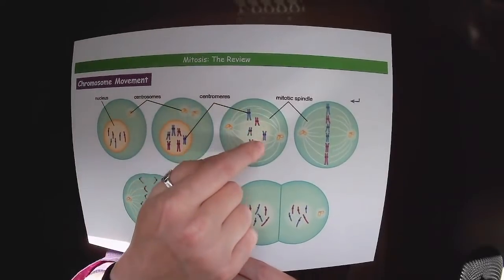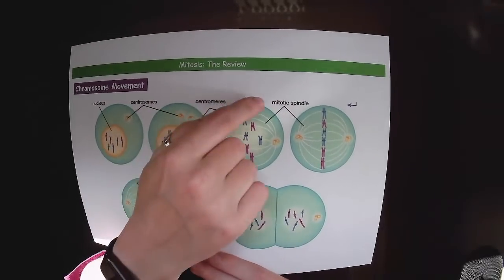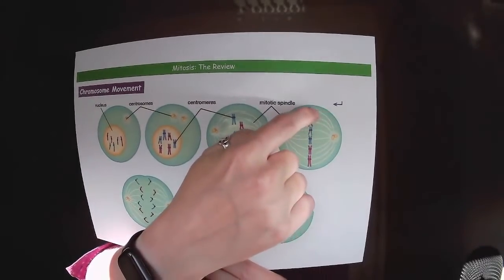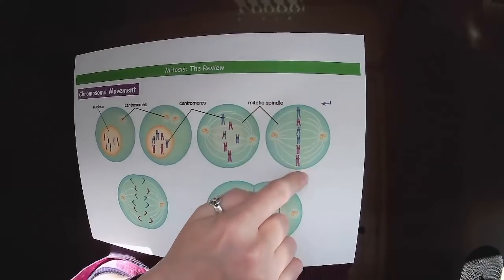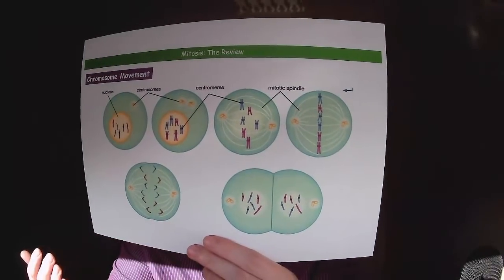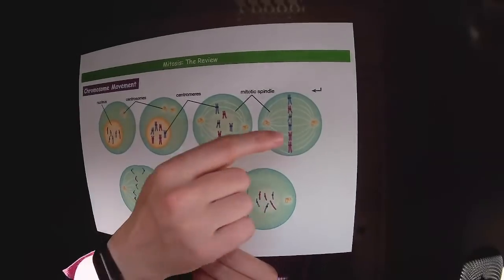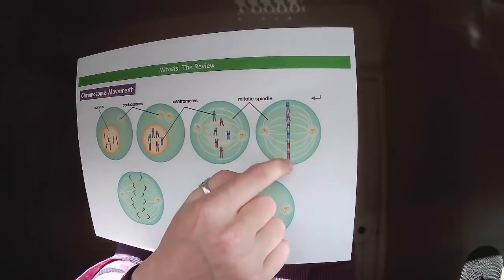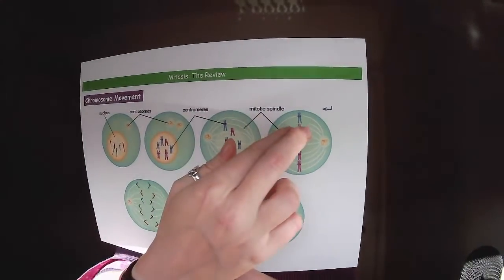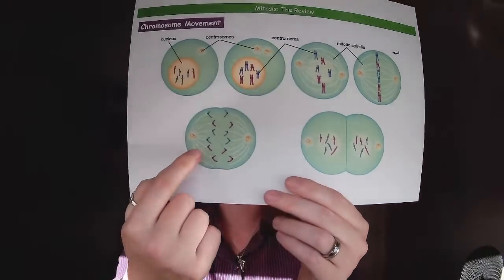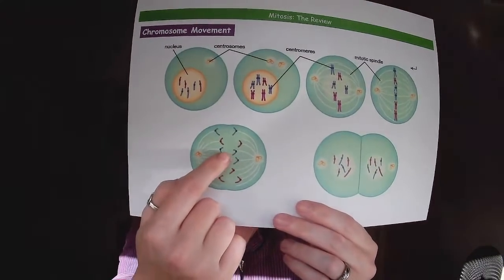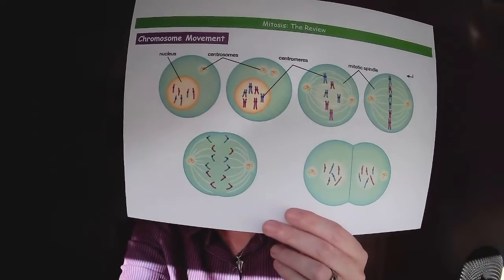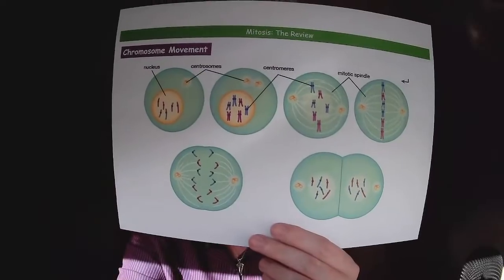The next thing that happens is the nucleus is going to break down, and our chromosomes are going to line up along our equator. If you can't remember the word equator, middle of the cell works. So the chromosomes line up along the equator, and then they are pulled to the opposite poles down here. So we can see that they're being pulled to the opposite poles, or opposite ends if you prefer.